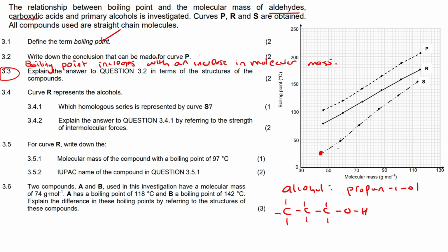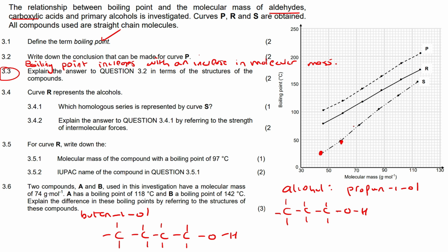Why would the mass increase? Well, then they would go up to butanol, for example, butan-1-ol. So all that happens is you don't add another OH. You're just adding another CH3 at the end of the chain, and you see how the mass would begin to get larger.